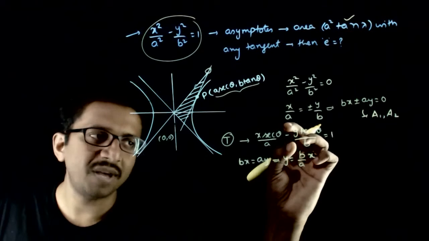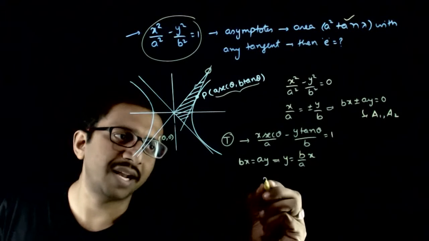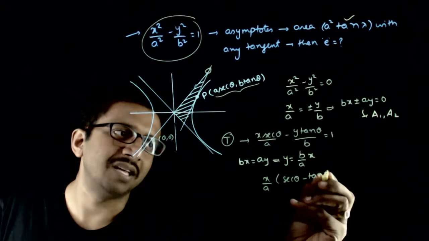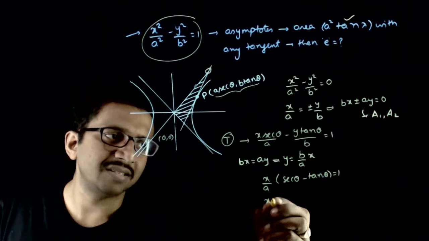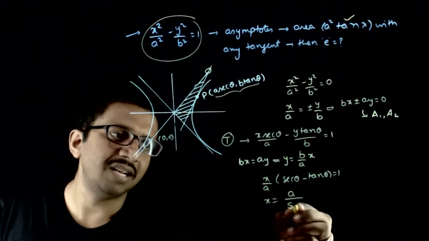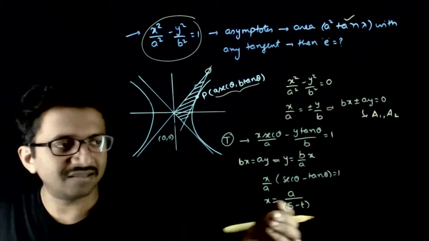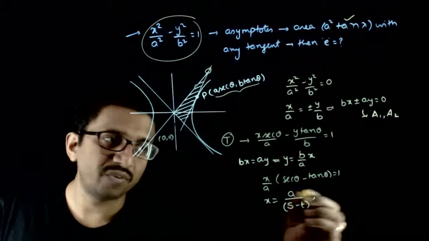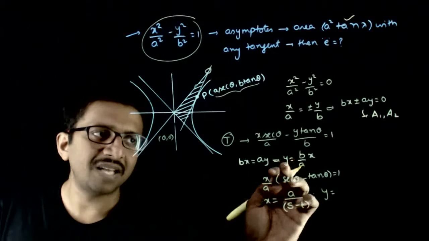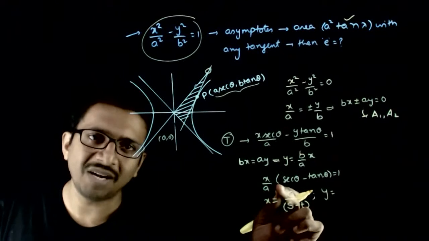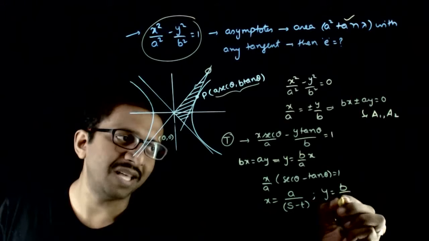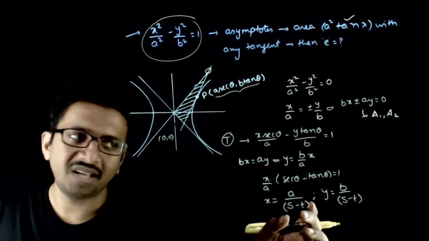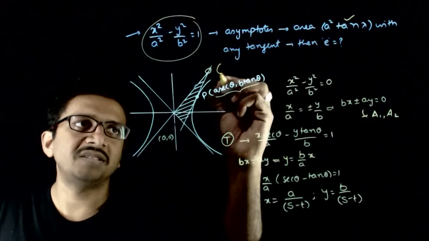If I put y by b is equal to x by a, I get x by a times secant theta minus tan theta is equal to 1. So x is equal to a by secant theta minus tan theta. S is secant theta, t is tan theta. And y is b by a into x, so y is b by s minus t. So one point of intersection is a by s minus t and b by s minus t.